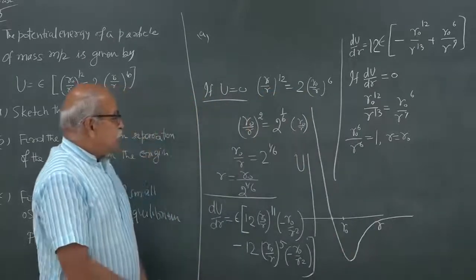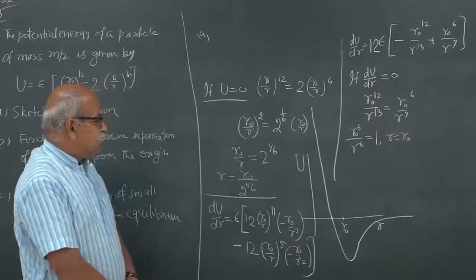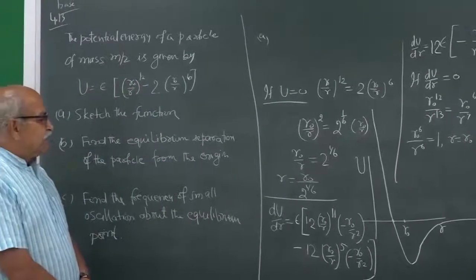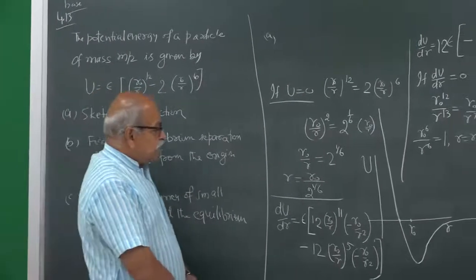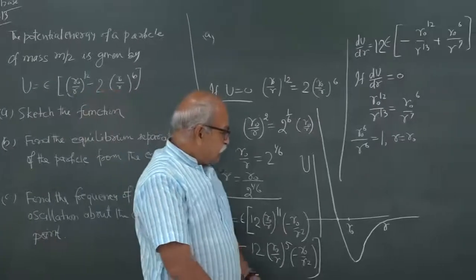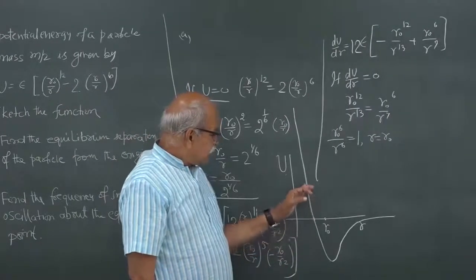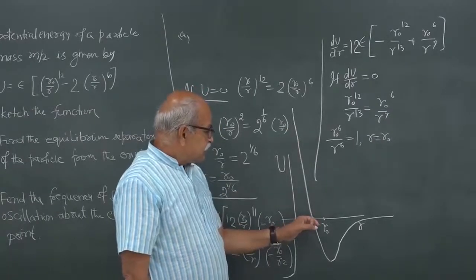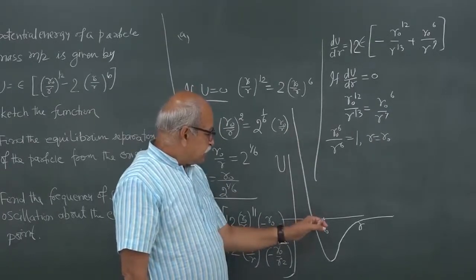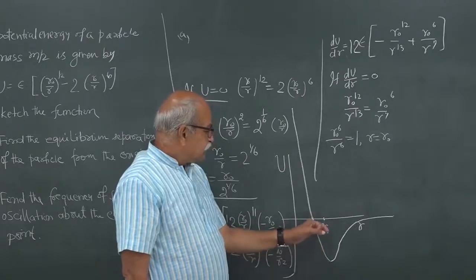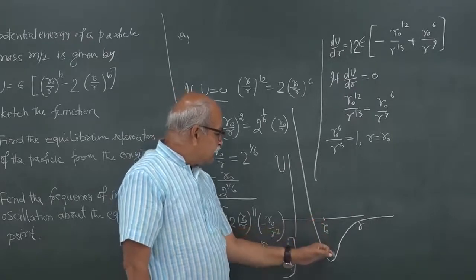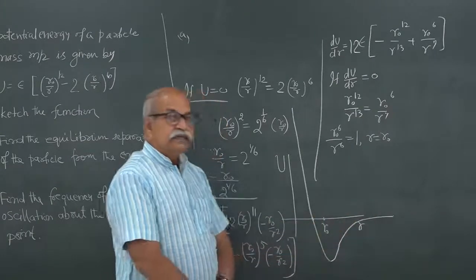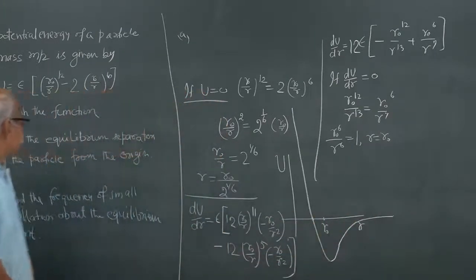So, that is the kind of sketch we have. This is the kind of potential energy function. If the particle is somewhere here, the potential energy is positive. If the particle is here, potential energy is 0. If the particle is here, then the potential is negative. If the particle is here, it is maximum negative, and then gradually the potential energy again increases, right.